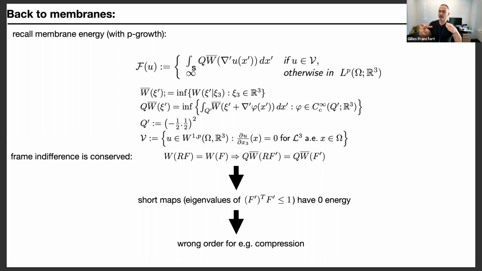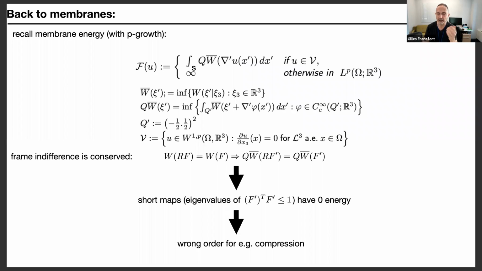So what does this correspond to physically? It corresponds to a compression. Under any kind of compression, be it uniaxial or biaxial compression, your model gives you 0 energy. So that's not much information, right?